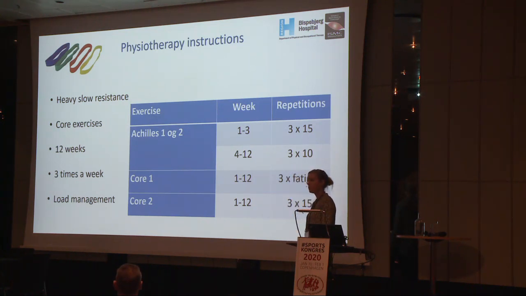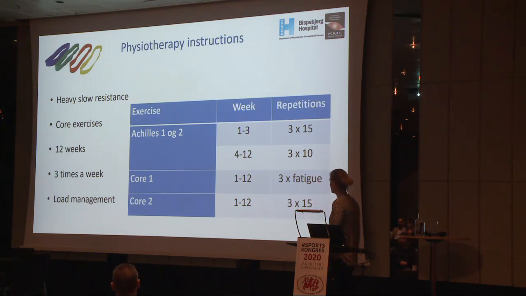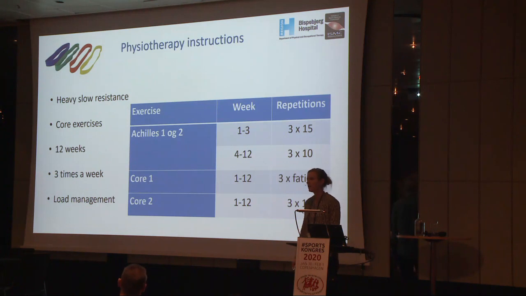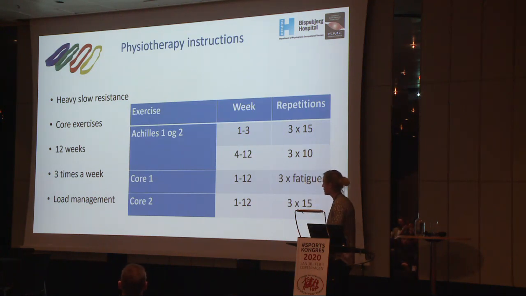Opposite to patients with chronic tendinopathies, most of these patients still had a rather high activity level, and therefore we didn't want to load them too heavily and ended up with the sets and repetitions that I have described here. They were all performing the exercises for 12 weeks, 3 times a week.